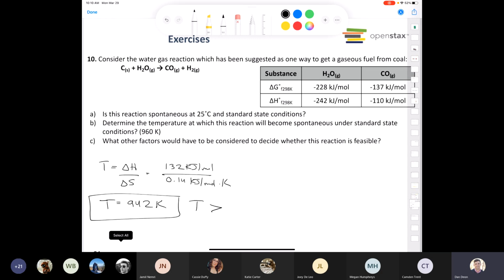And so you could say at a temperature greater than 942 Kelvin, the reaction is going to become spontaneous. Give me a thumbs up if you follow me on the concept, because we're going to talk more about equilibria in a few minutes. But I just wanted to go over a couple of examples with you before we really get into the nitty gritty. All right, cool.